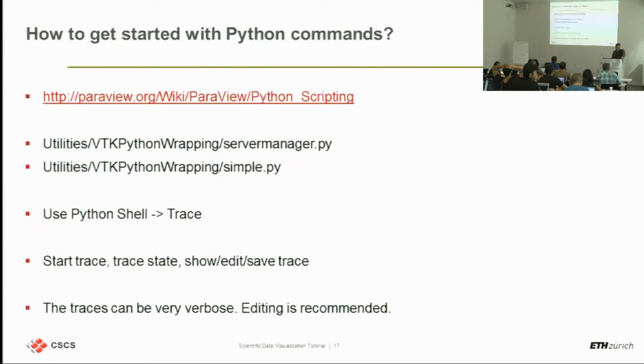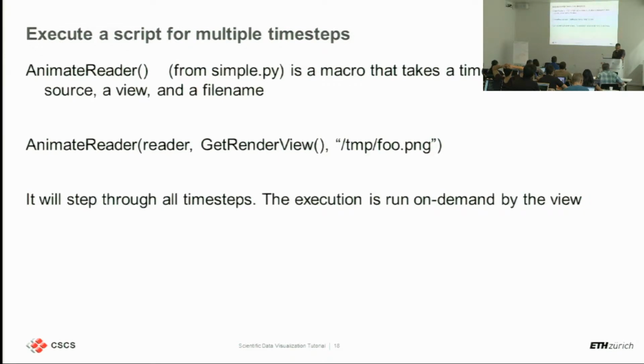So we know how to do this. When you save the Python script from ParaView, it does most everything, but it doesn't give you the Python commands to save images or movies. There's a special macro called animateReader, which you will find in the file called simple.py. animateReader is very easy.